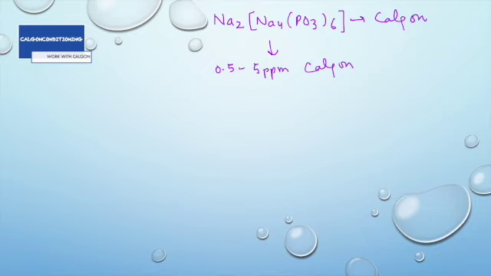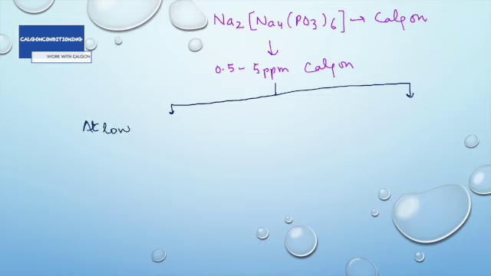Now this much Calgon prevents scale formation in either of two ways. The ways depend on the type of boiler we are using. You know that we have high pressure and low pressure boilers. So what happens under these two conditions?